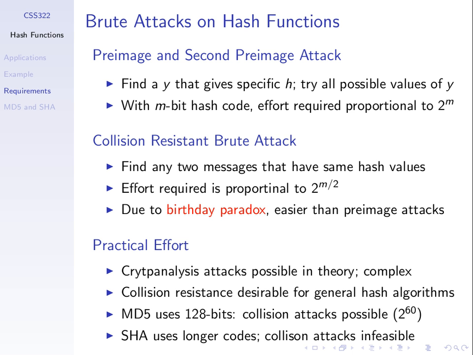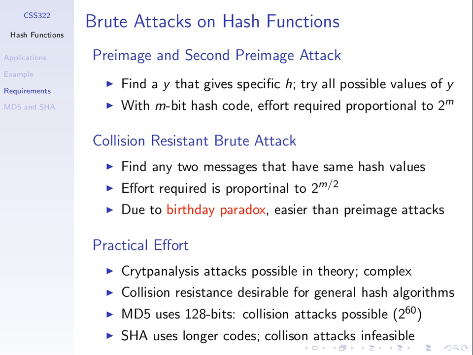We're almost finished on this topic, and then we'll change on to something else. So how do we attack? Well, how can we apply a brute force attack on a hash algorithm to defeat any of these properties?